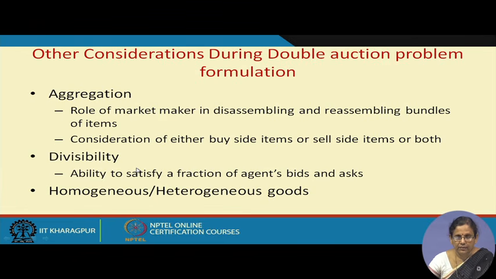Now, besides this simple setting, there can be other considerations during double auction problem formulation. You can go for market aggregation, where the role of the market maker is in disassembling and reassembling the bundle of items. So, which means it is no more a single item situation, multiple items are getting sold. These multiple items can be homogeneous or heterogeneous. Then consideration of either buy side item or sell side item or both.